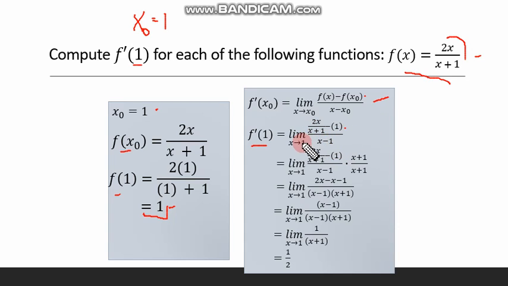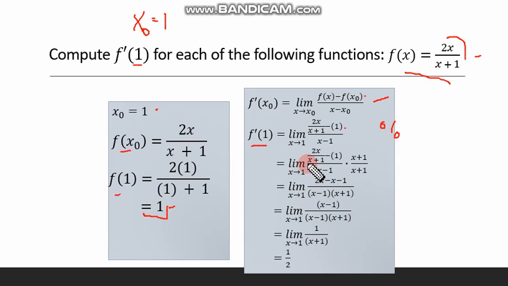So if we solve that by direct substitution of the value of x, this is 0 over 0. Okay, so let's get the actual value of the limit. We cannot rationalize this one, and there's nothing to factor.